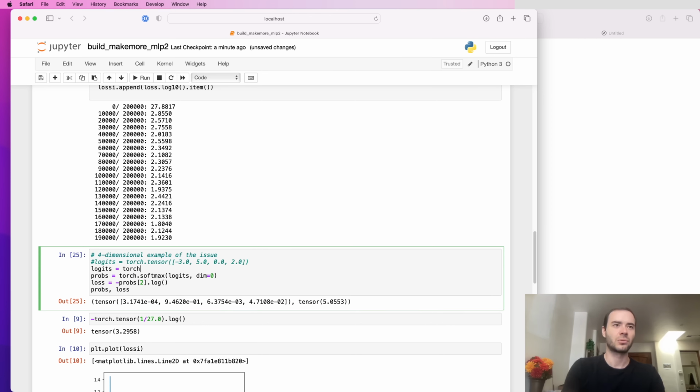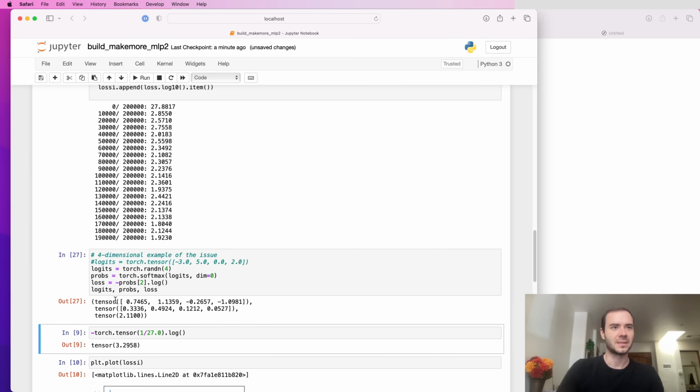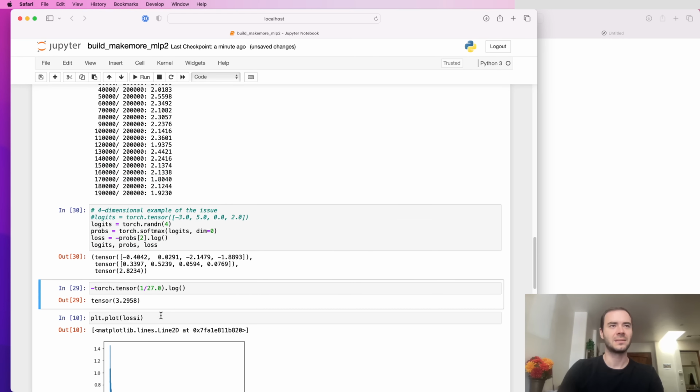For example, if we have torch.randn of 4, so these are normally distributed numbers, 4 of them. Then here we can also print the logits, the probabilities that come out of it, and the loss. And so because these logits are near 0, for the most part, the loss that comes out is okay.